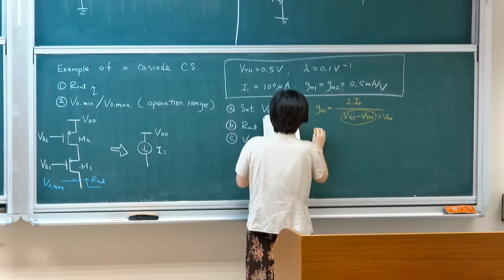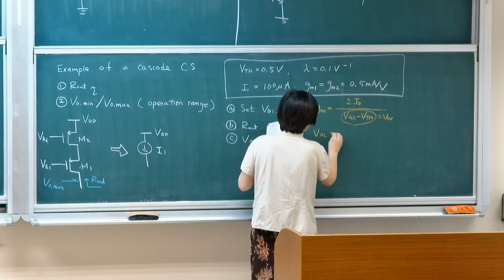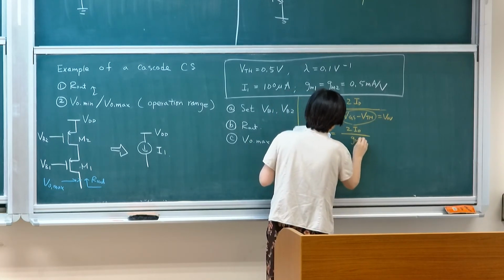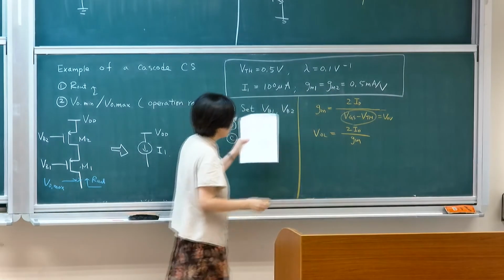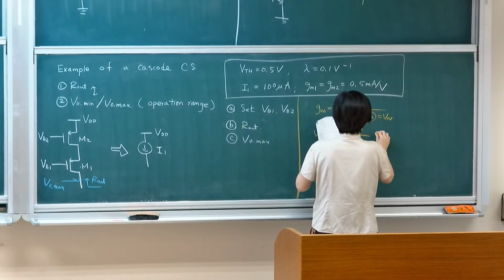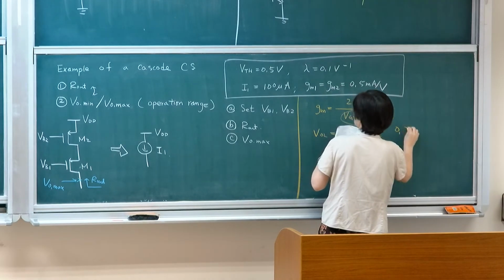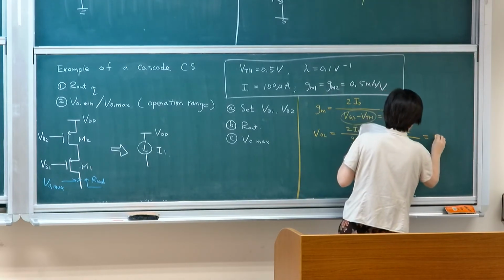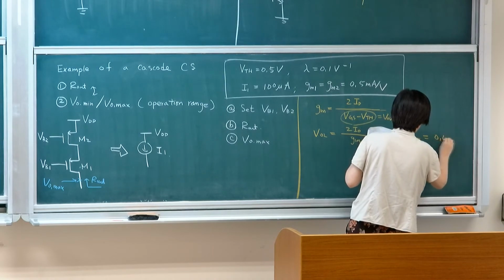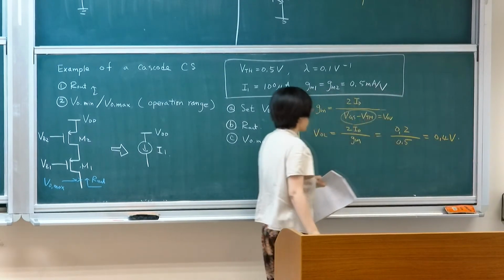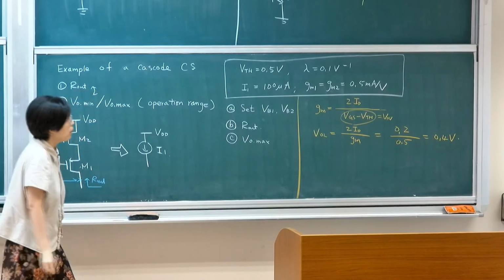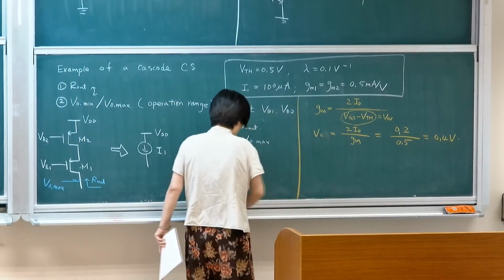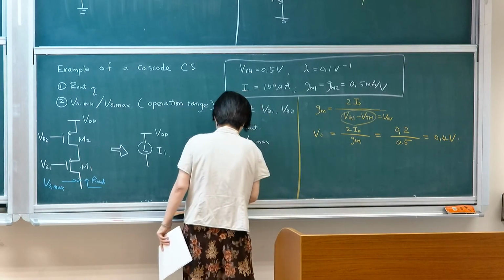So my overdrive will be determined by ID divided by gm, because the gm is known and current is known, so this is 0.2 and this is 0.5. This will give me 0.4 volt in terms of setting up the overdrive for both transistors.